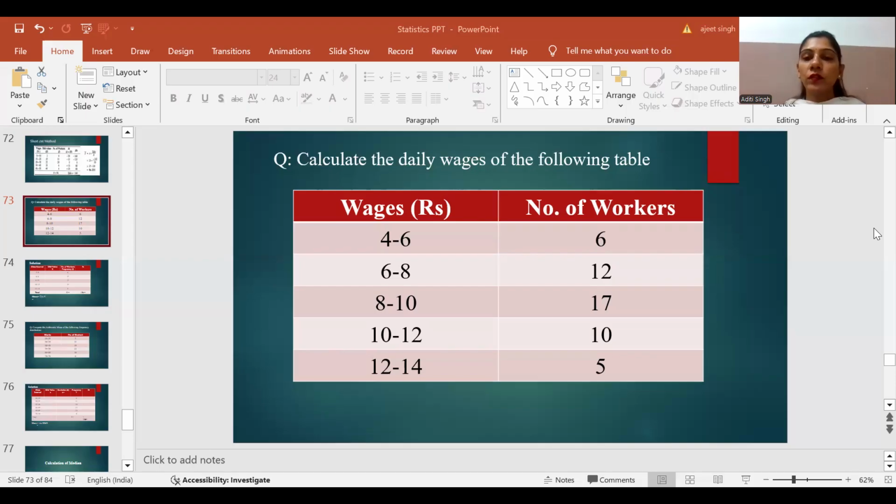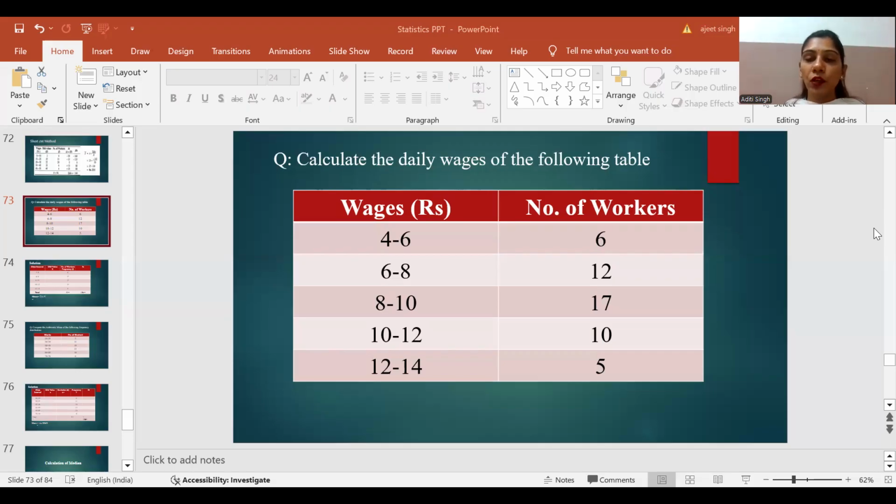According to the wages, the number of workers is given. For 6 workers, wages lie in the 4 to 6 category; for 12 workers, 6 to 8 rupees; for 17, 8 to 10; for 10, 10 to 12; and for 5 workers, wages lie in the 12 to 40 rupees category.